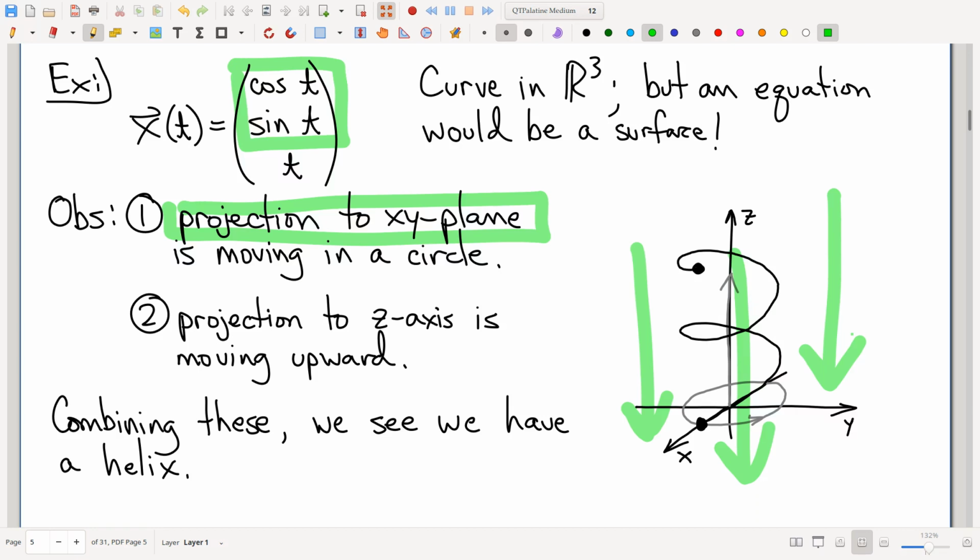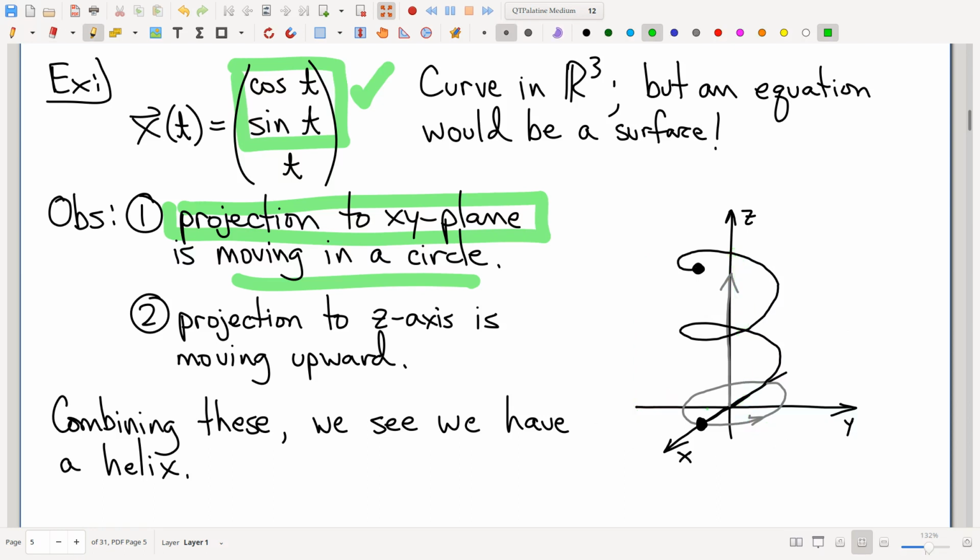And so I know, just from looking at this part right here, I don't know the curve itself, but I do know that its projection is a circle. So what you might call its shadow in the xy plane is a circle. Everybody on board? That's a nice observation. It's useful sometimes.